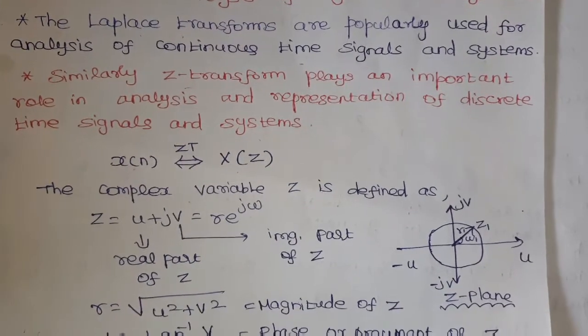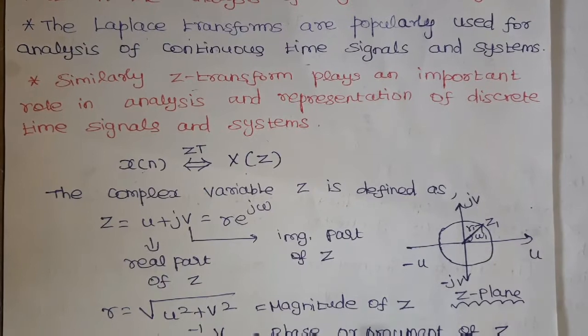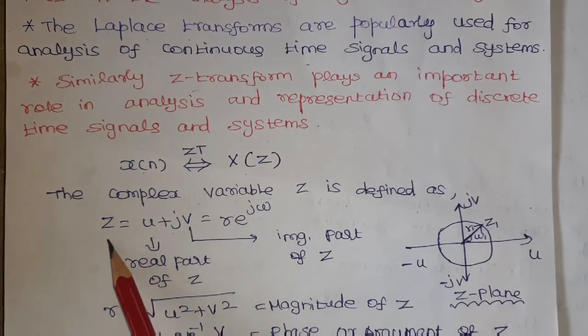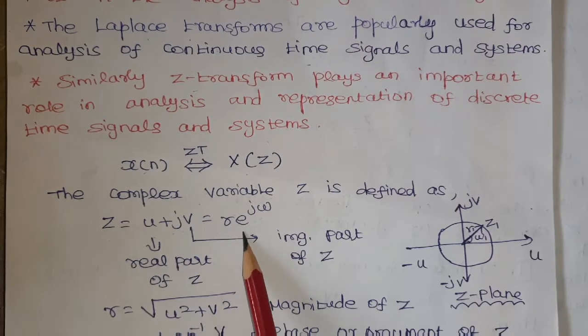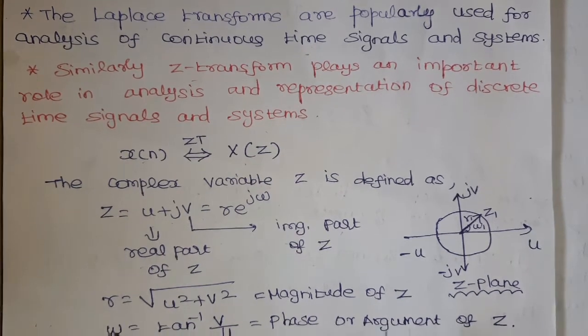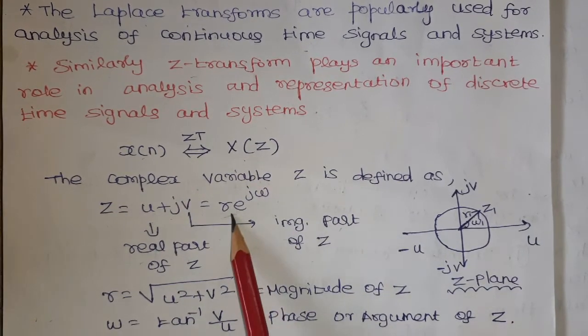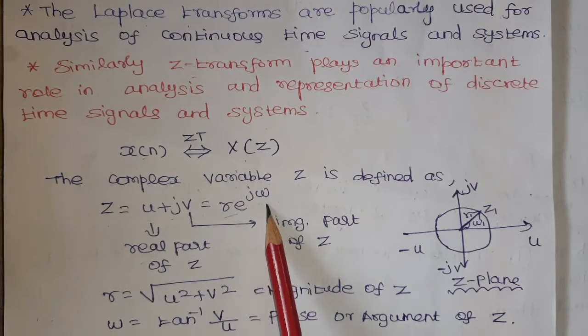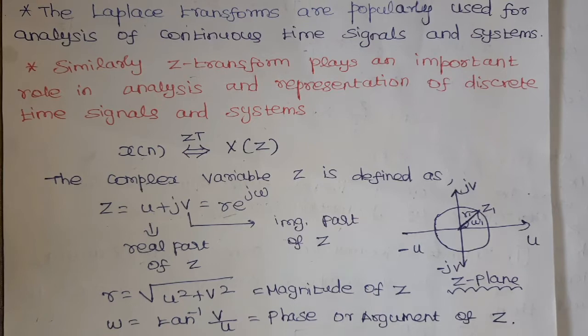How can we define that complex variable? z is equal to u plus jv, or otherwise z is equal to r e power j omega, where u is the real part of z and v is the imaginary part of z. What is r here? r is nothing but the magnitude of this z. Omega is the phase or argument of z.